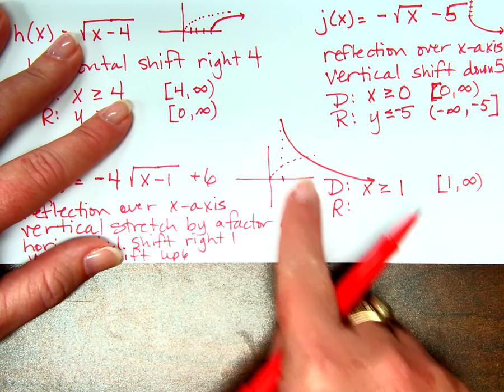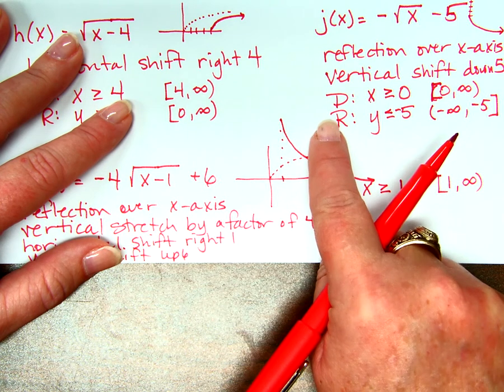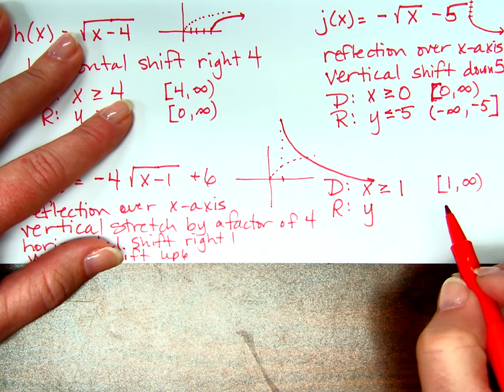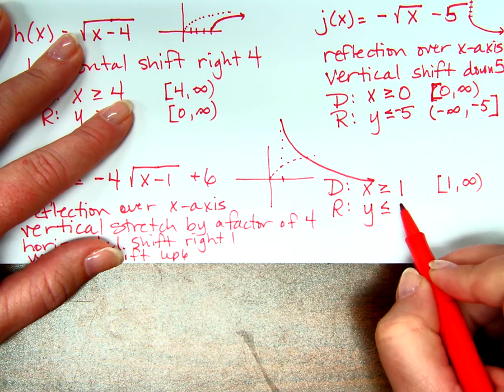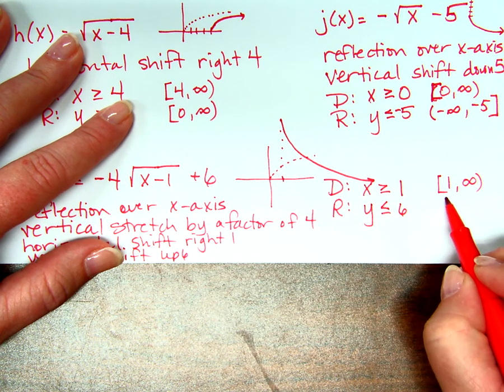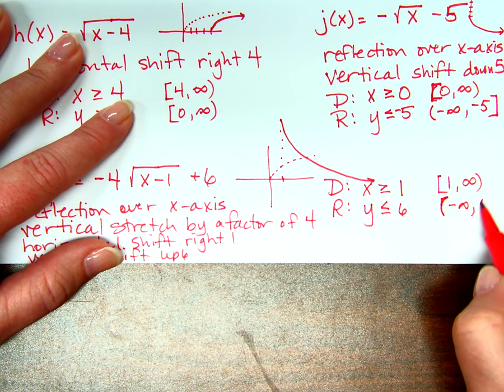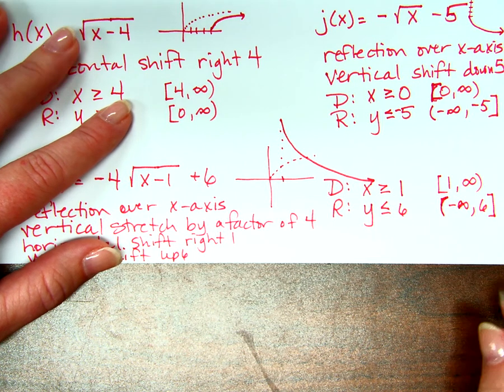How far down does it go? And how far up does it go? To 6. So, y is less than or equal to 6. Or negative infinity to 6. Yeah? Questions?